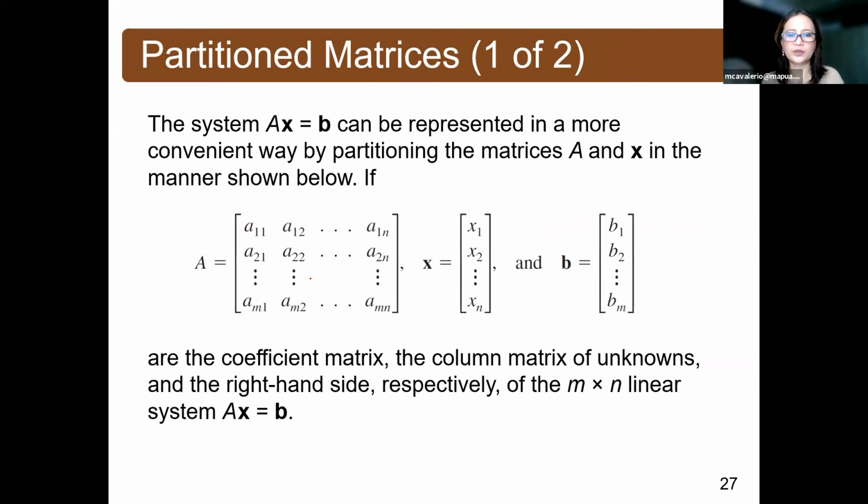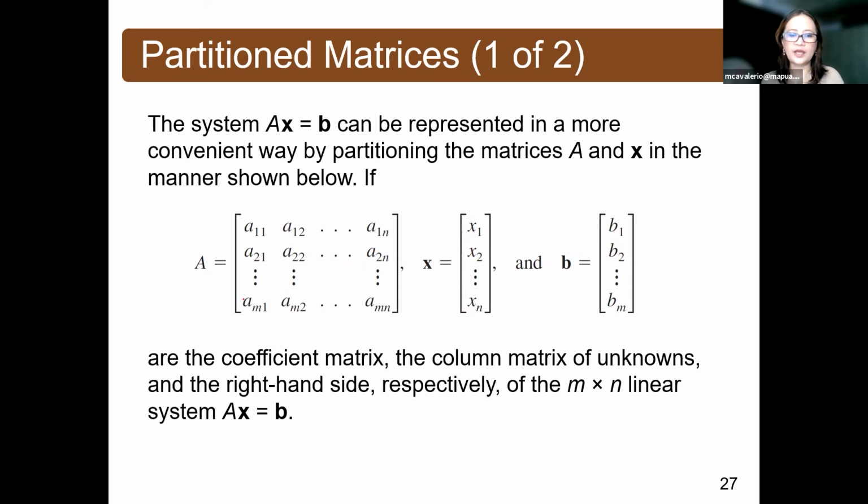Again, we know that A are simply the coefficients of the unknown variables x sub 1, x sub 2, up to x sub n, and you have your X, which is a column vector consisting of all the unknown variables from x sub 1 up to x sub n, and B, which are all the constants in the equation. So we will have a column vector consisting of b1, b2, up to b sub m.